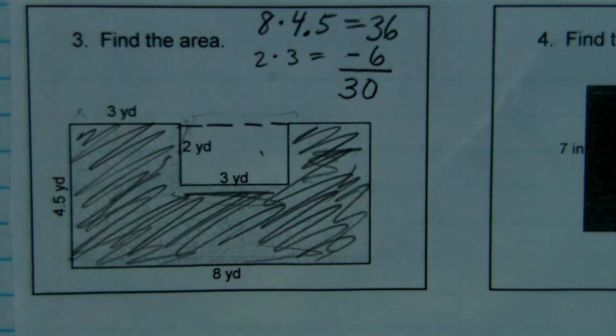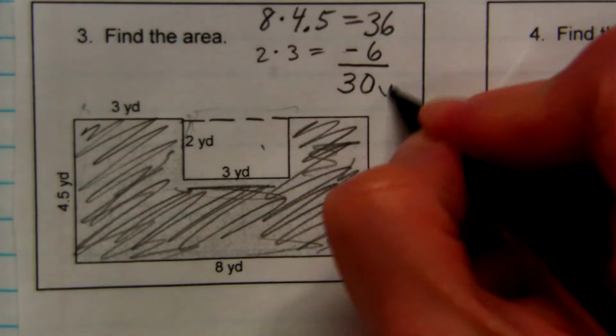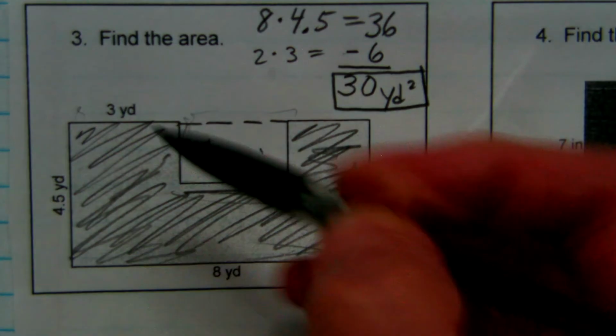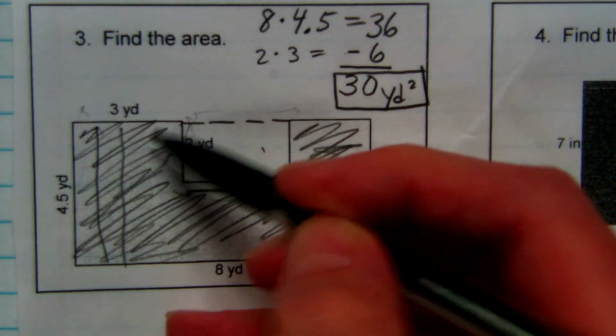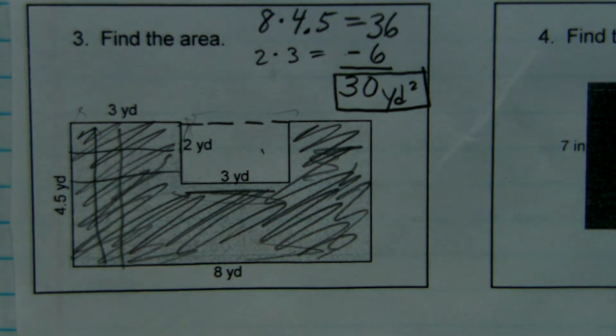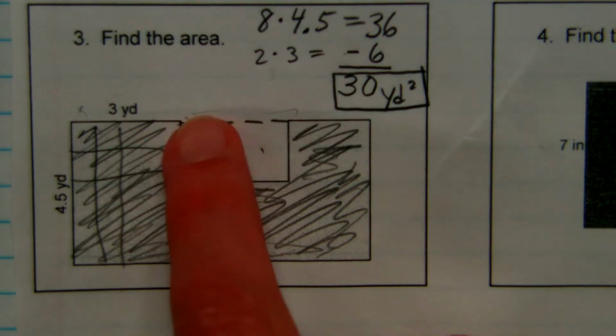How do I label this for area? Raise your hand, Silas. Yards squared. Because remember, we measure area with little square units. If we were to draw a grid on here and break it up, that's how many little squares fit inside that shape.